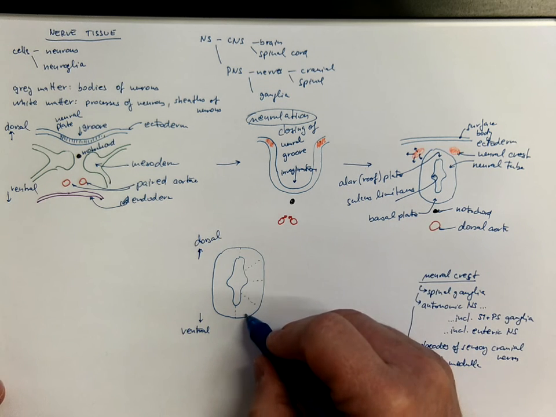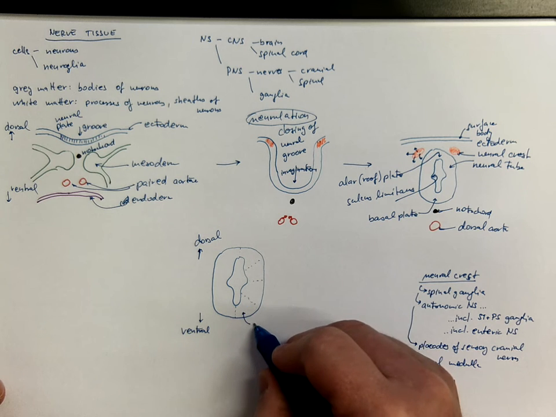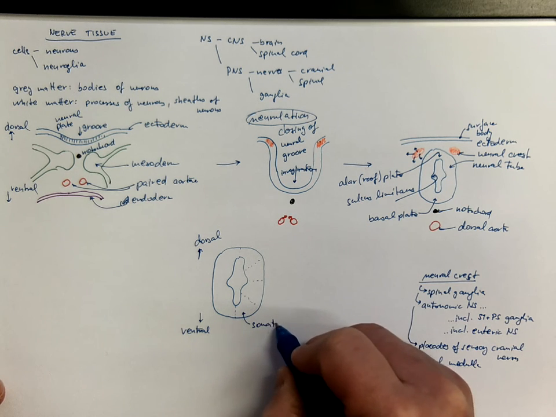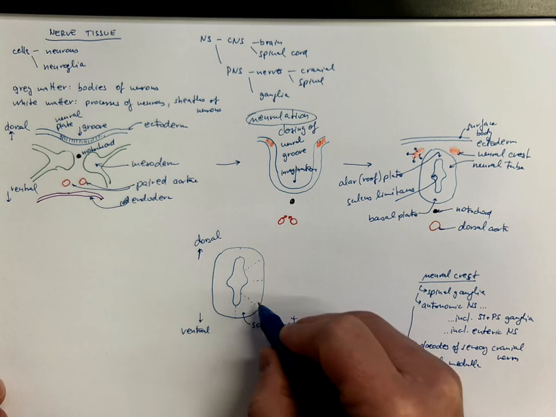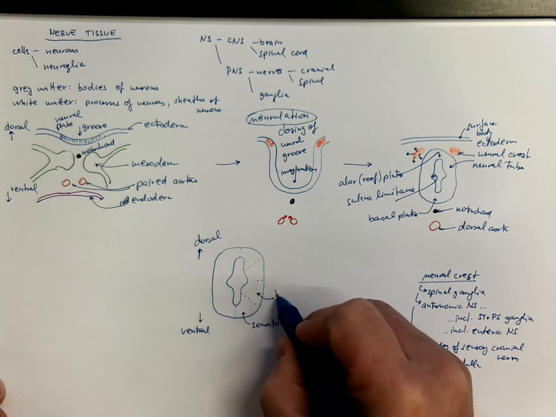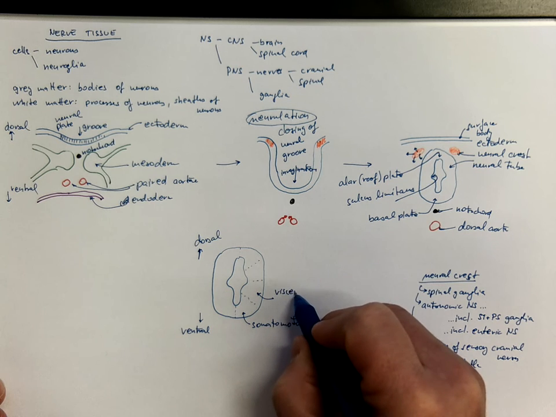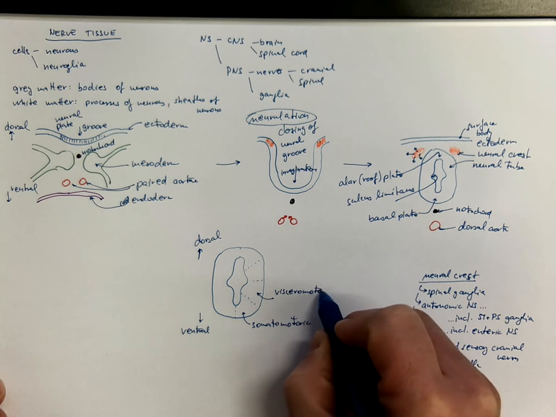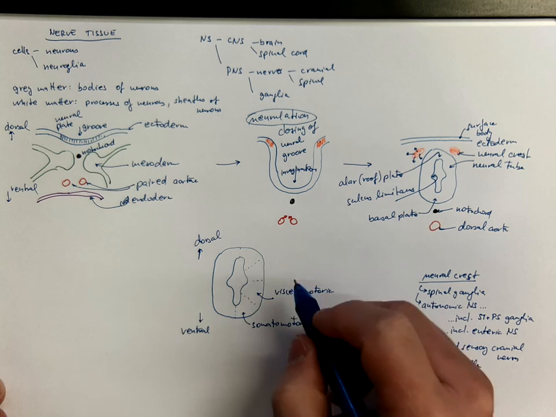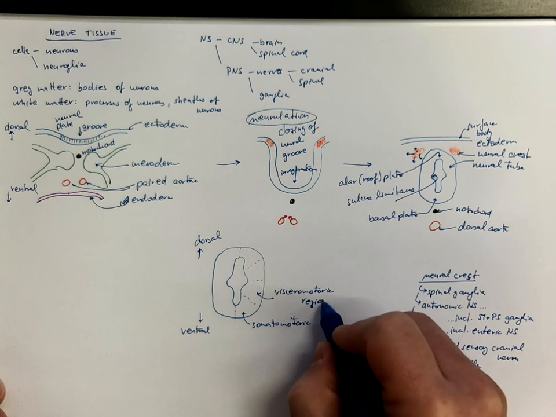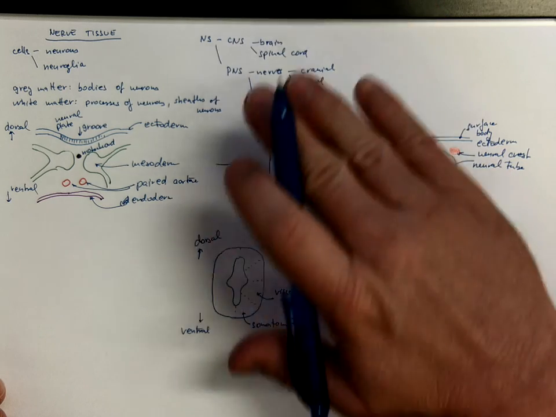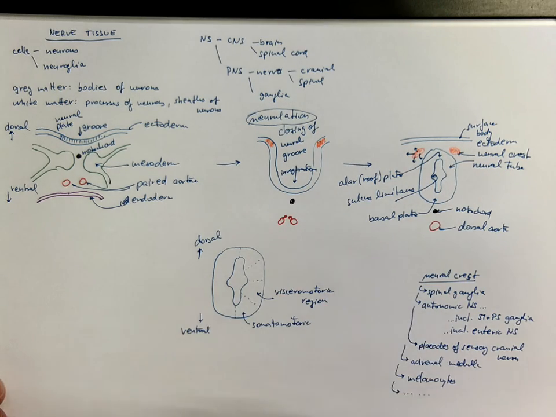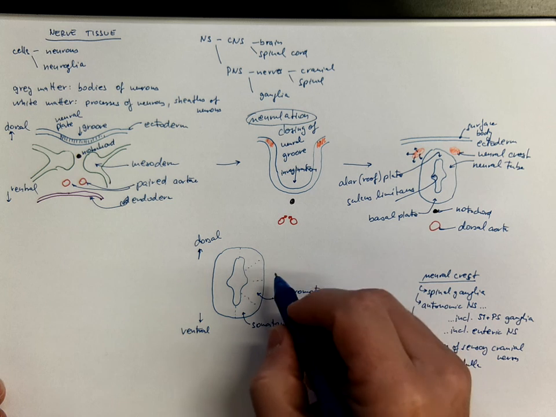Then the most ventral region becomes somatomotor region. This will become visceral motor region. So the ventral are the motor regions. The dorsal are sensory regions.